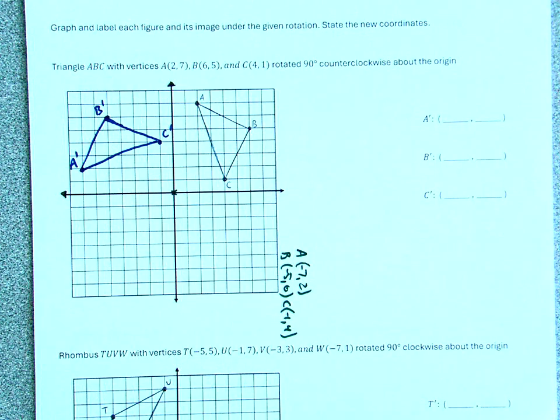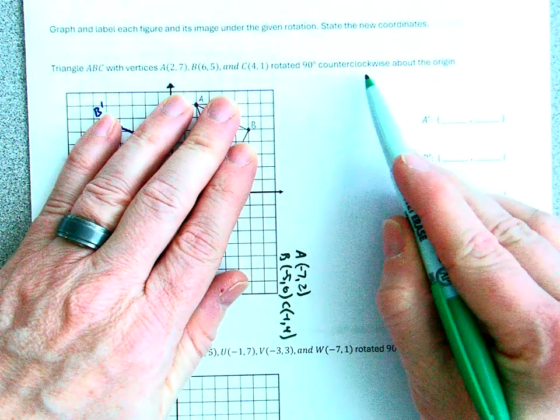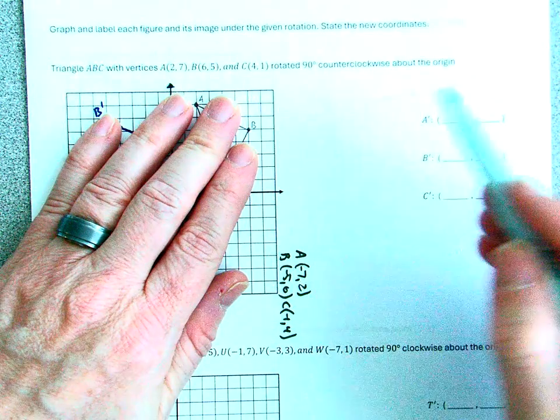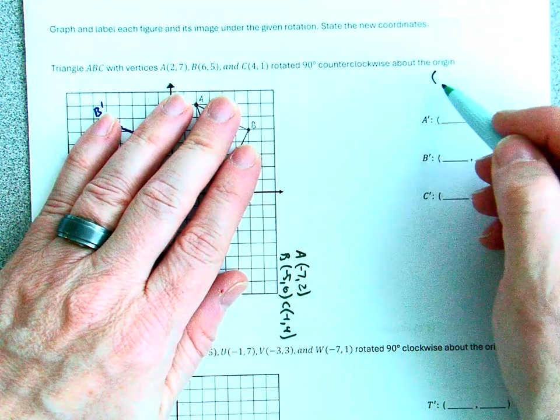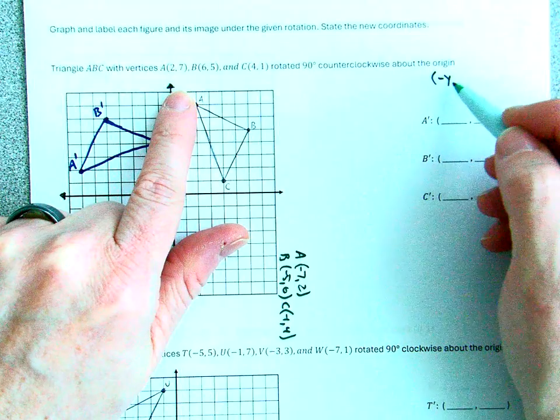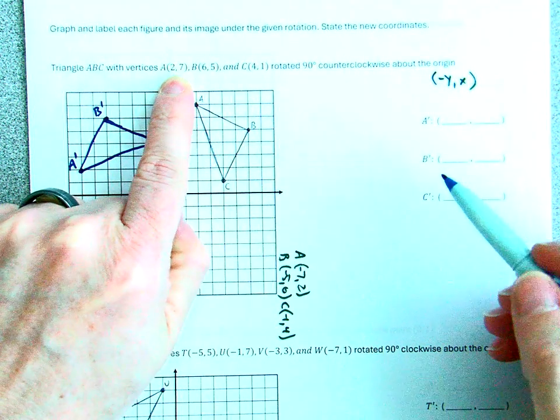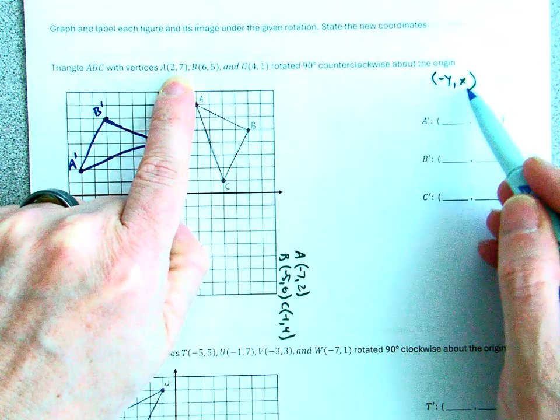Okay. So if I didn't want to do this graphically, I can say, all right, a counterclockwise 90 degrees is going to have each of my ordered pairs get mapped to a new location that will look like this, right? So basically all I'm going to do here is say each of my X, Y ordered pairs are going to swap positions.